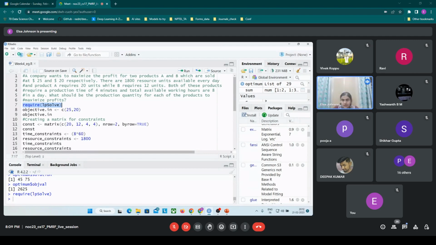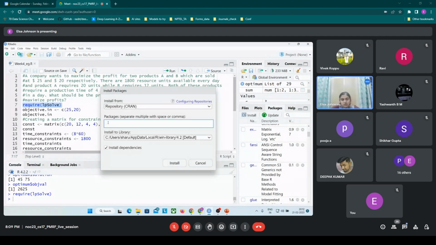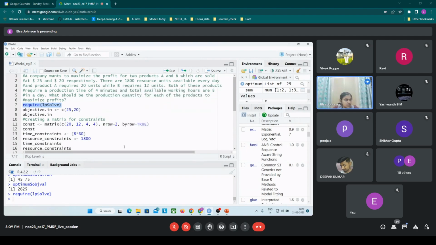If it's not there, then go to install and search for lpSolve. This one you have to install, otherwise you will get an error.